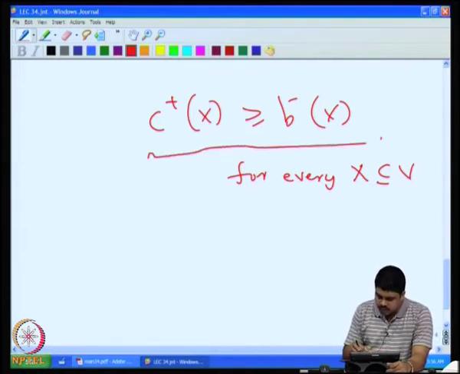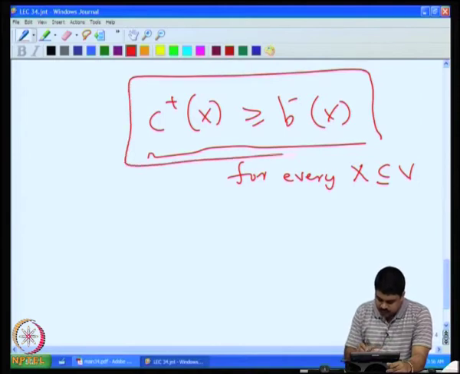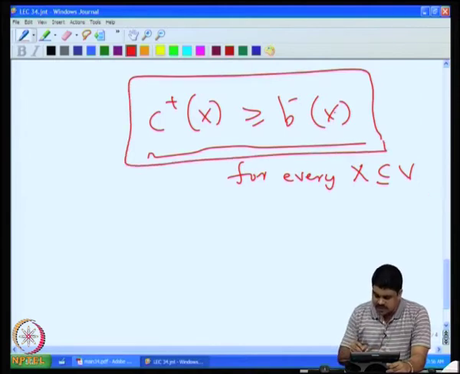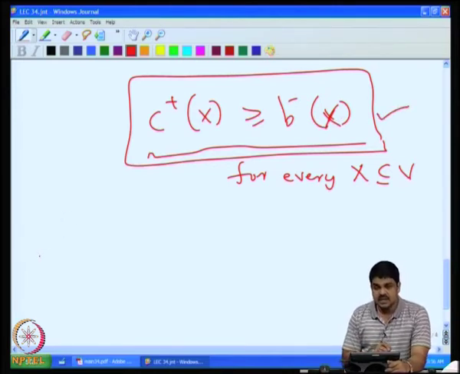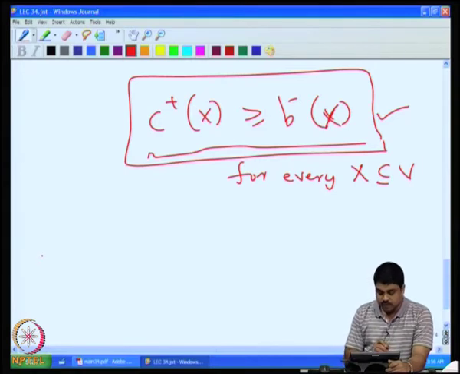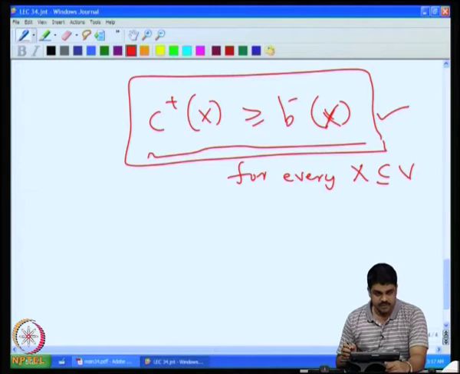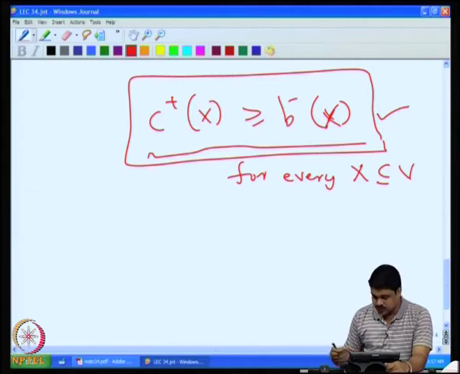Now, we are going to prove that if for each subset x this condition is satisfied, then there exists a feasible flow in the directed graph. How do we show this thing?